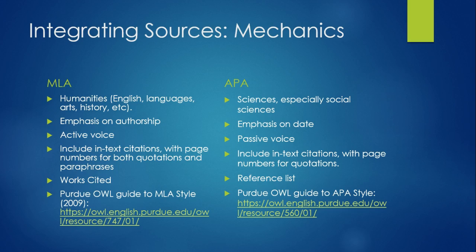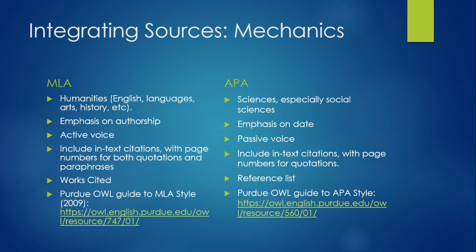You'll be writing in the passive voice, which of course drives those of us in the humanities nuts. But for some sort of pretense of objectivity, APA calls for the passive voice. Again, you'll be including in-text citations, and only quotations need page numbers, as opposed to in MLA where paraphrases and summaries also need those page numbers.